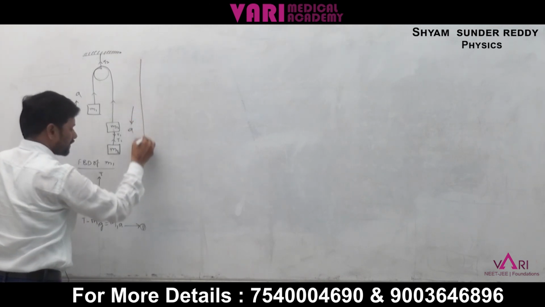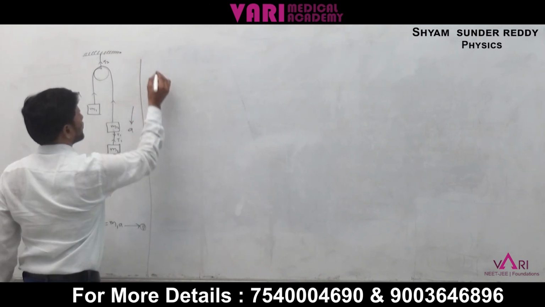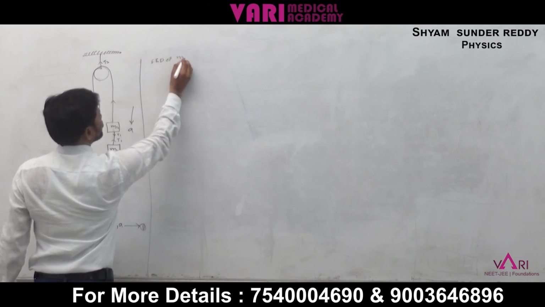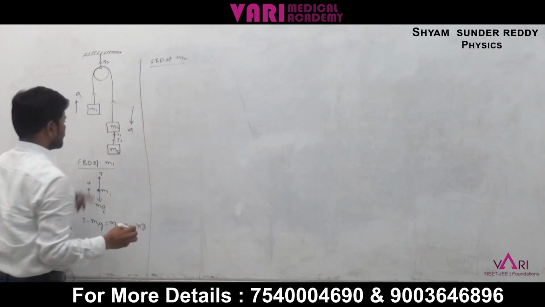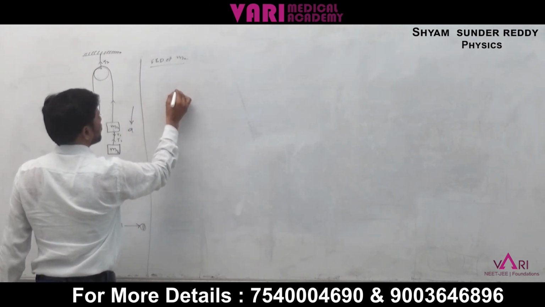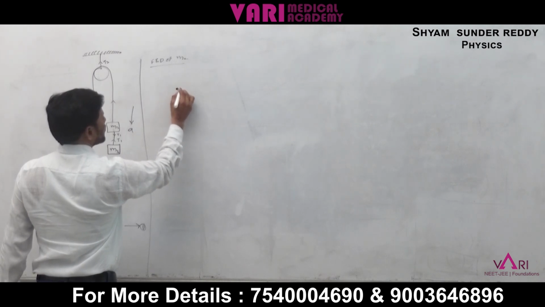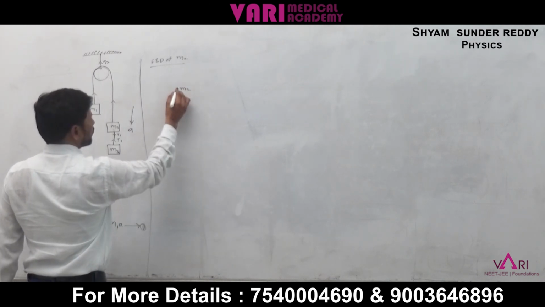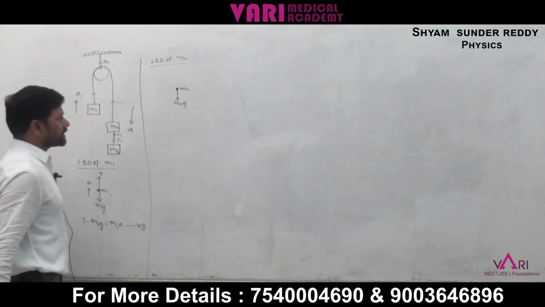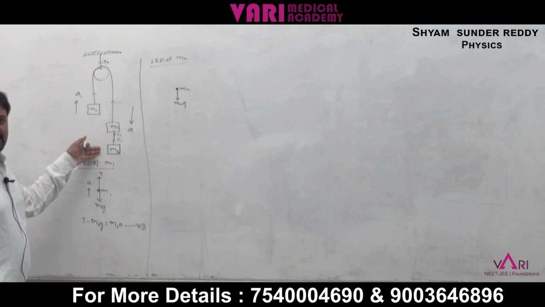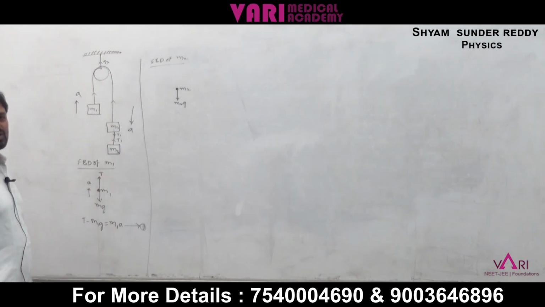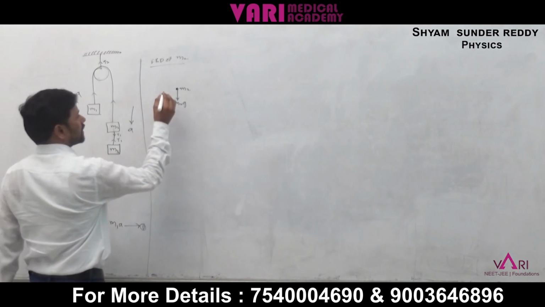FBD of M2. This is important. See, how can we write the FBD? Free body diagram of M2. In downward direction, M2g is working as well as tension T1 also working in downward direction.